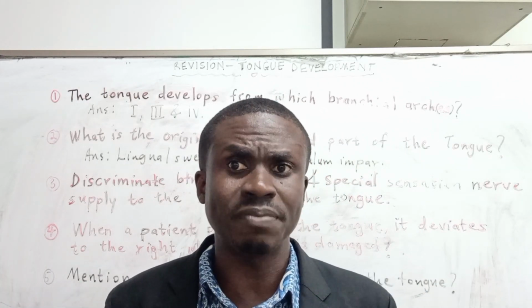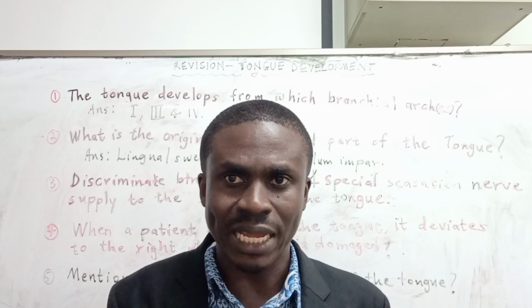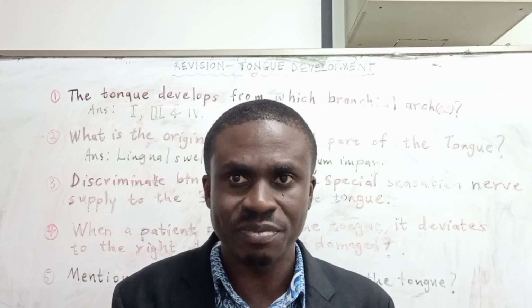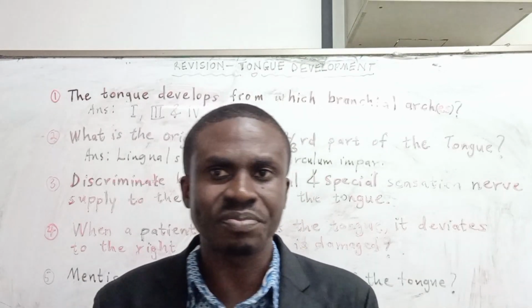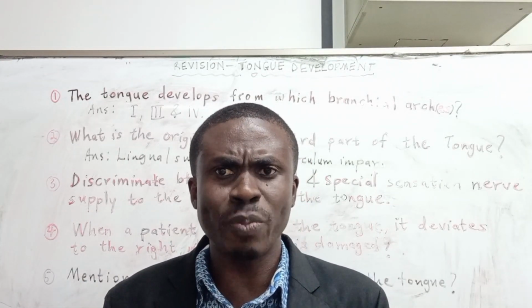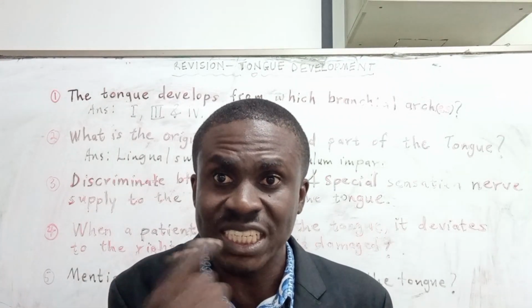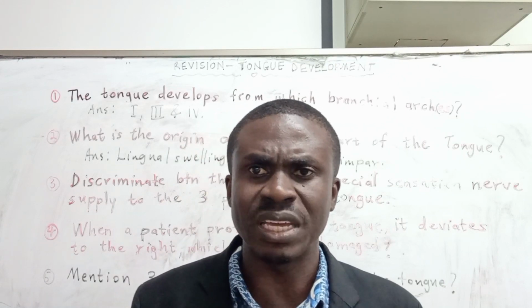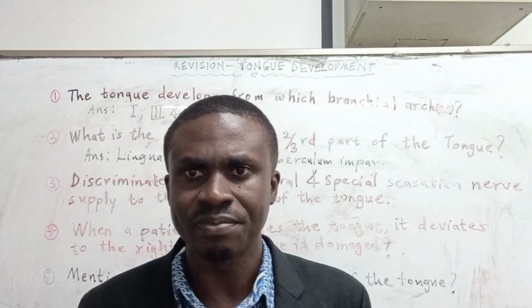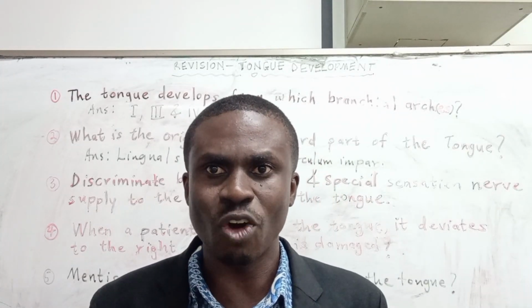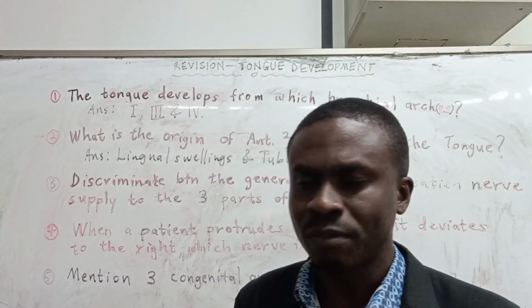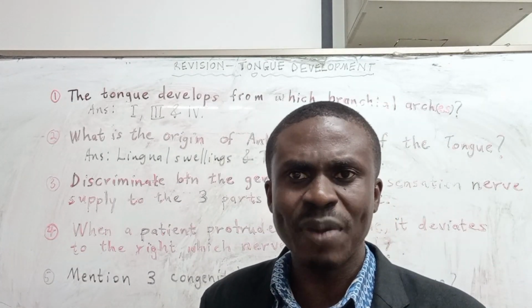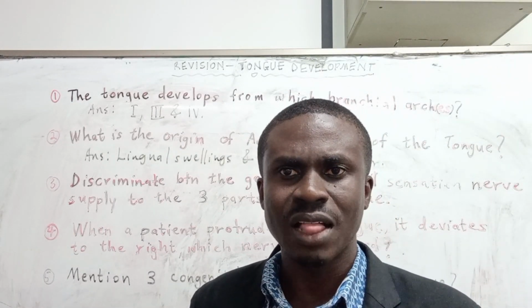So I want you to tell me what will be the nerve supply by way of the general sensation and special sensation. Remember that whenever we talk about special sensation, I'm talking about taste. The tongue is mainly going to help in that kind of gustatory function, helping us to taste the chemicals or whatever in anything. Okay, so how about the general sensation we are talking about?